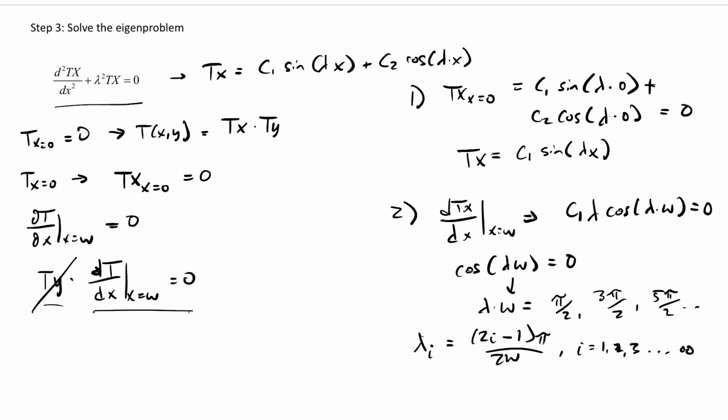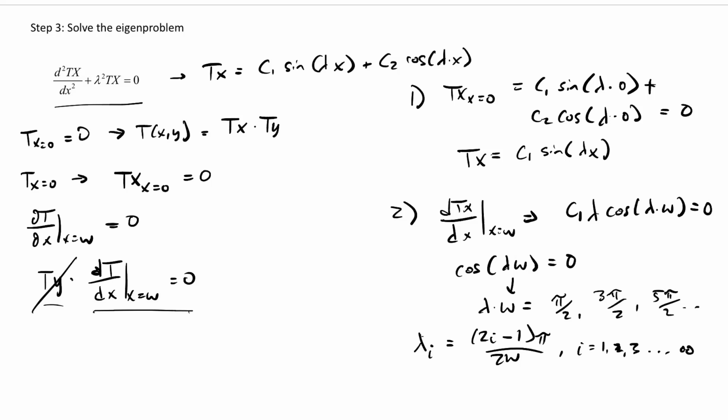So if i is 1, that's 2 minus 1 is 1, over 2 times w, so that's just pi over 2. If i is 2, it becomes 3 pi over 2. If i is 3, it becomes 5 pi over 2, and so on. And so we've come up with an index for lambda that gives us all these values.